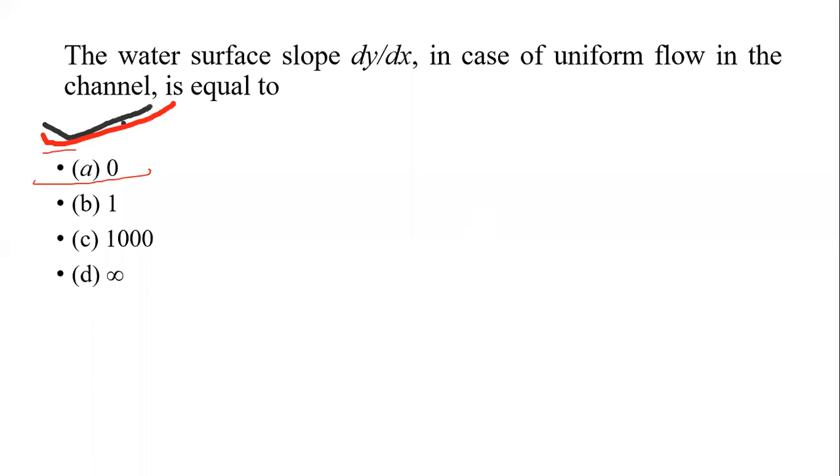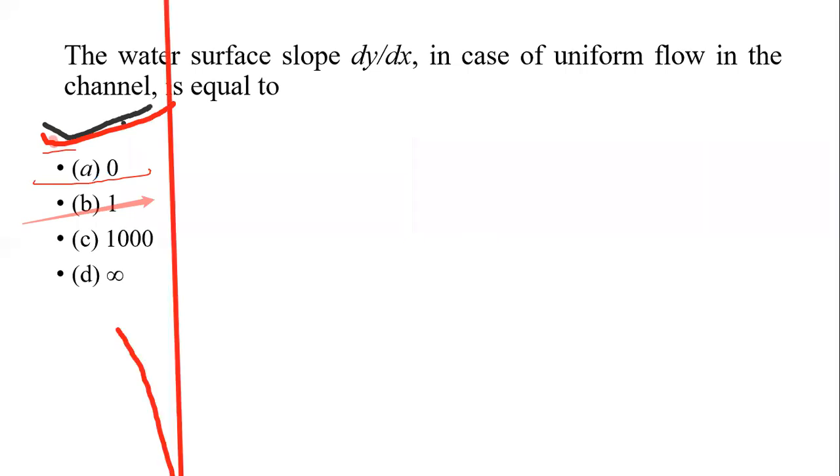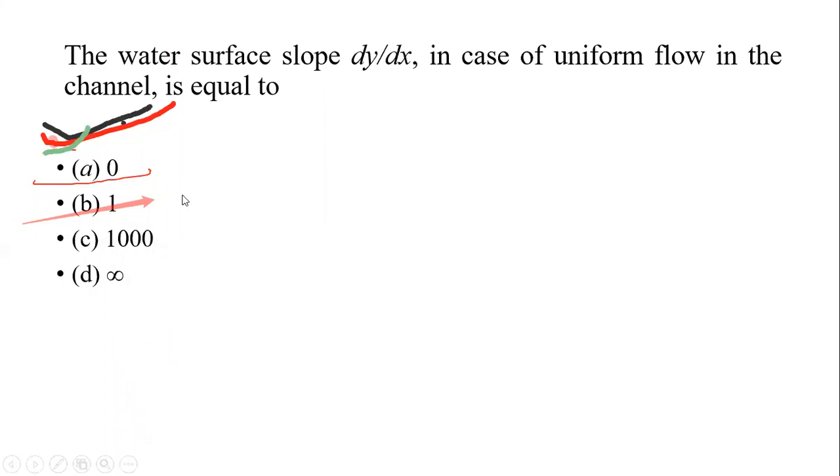Again I got answer A. Okay, we got answer A. Again, I got B. Two respondents have given B as the answer. Okay, we'll go for the answer.